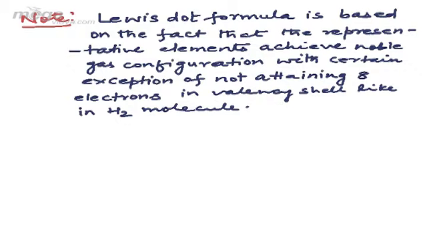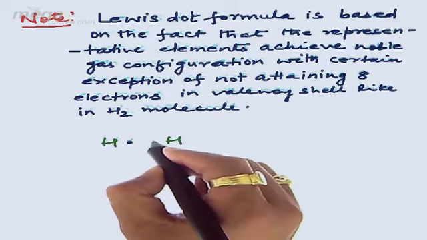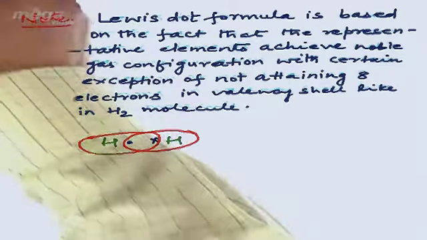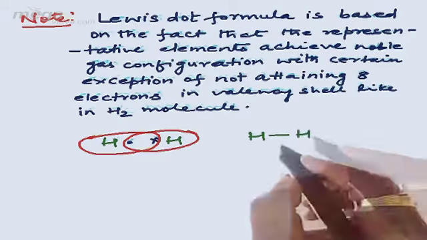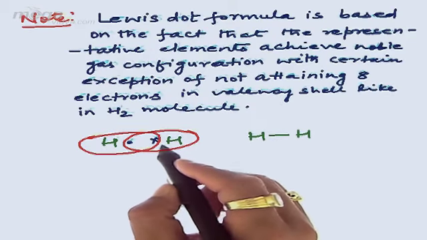The basic fundamental of the Lewis dot formula is that every element involved in the molecule should achieve noble gas configuration, but we also find certain exceptions where elements do not attain 8 electron configuration, like in the case of H2. In H2, hydrogen has 1 electron in the valency shell, and to get stabilized the sharing occurs in this way, forming H single bond H. So here the hydrogen atom is attaining a 2 electron configuration, that is, helium configuration.